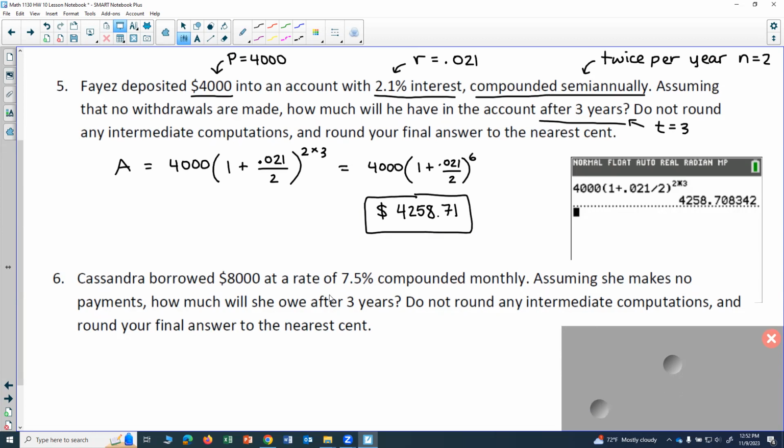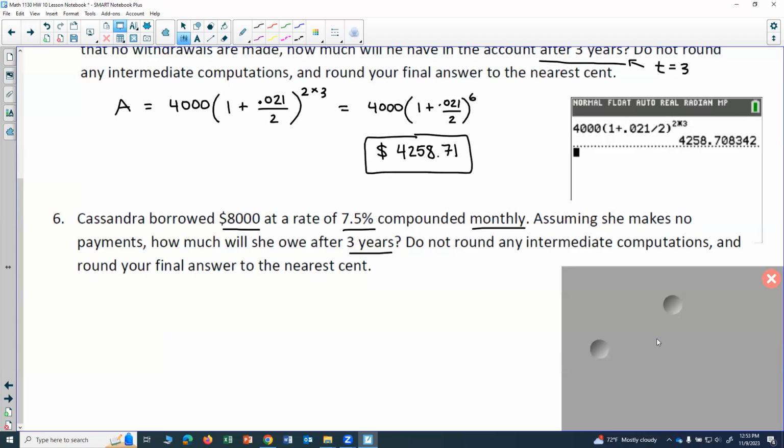All right, another example. Cassandra borrowed $8,000 at a rate of 7.5% compounded monthly. Assuming she makes no payments, how much will she owe after 3 years? Do not round any intermediate computations. Round your final answer to the nearest cent.